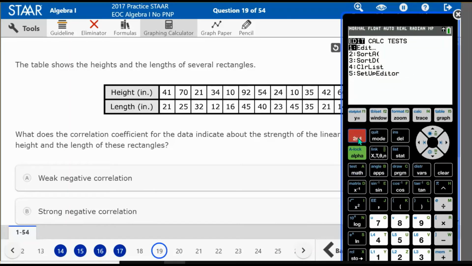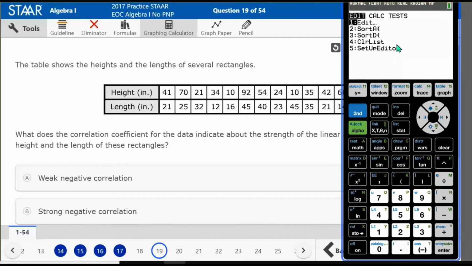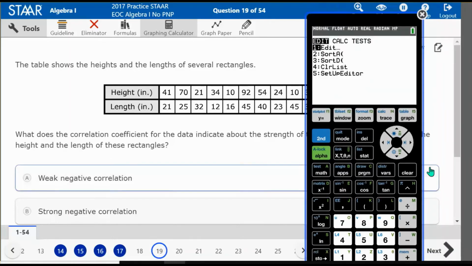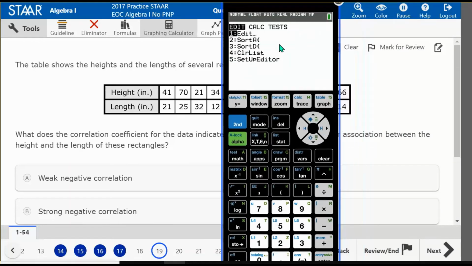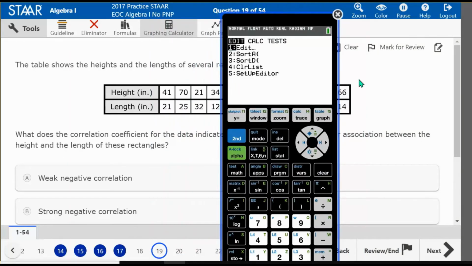You click stat, edit, and then plug in all the values. Stat basically helps you find the slope. I will pause the video and hope you plug in the values, and let's see what we get.